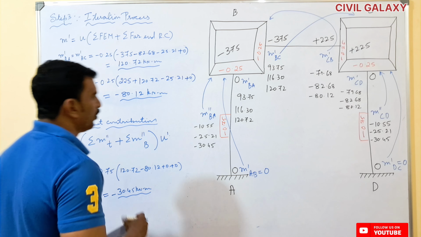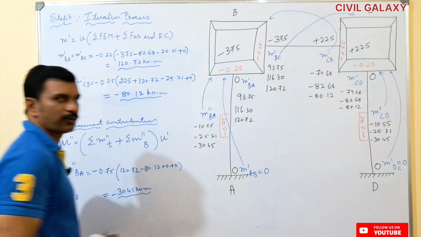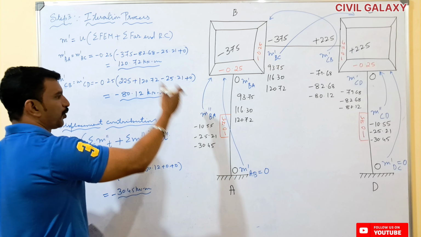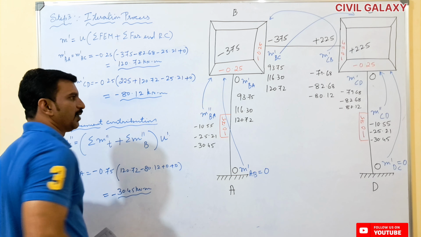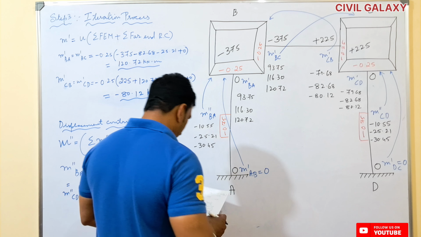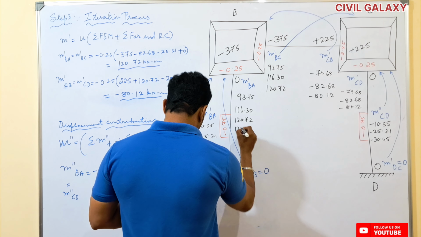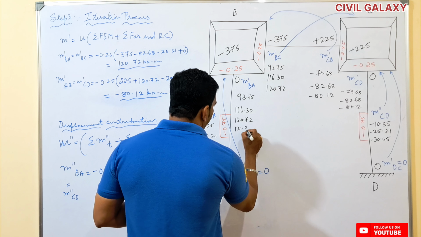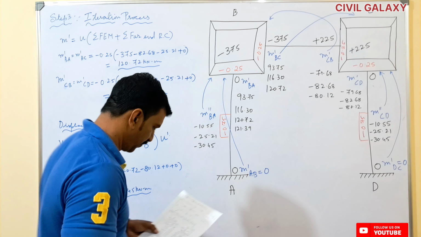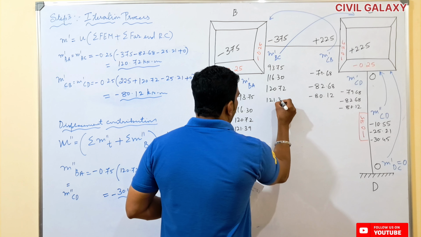So if you observe the values over here, it is not similar, it is changing. So we have to continue the iteration process until we are getting the similar values. So I have calculated the values, I will just write over here. So in the fourth cycle, we are getting a value of 121.39. You please cross check. And here also it is 121.39.